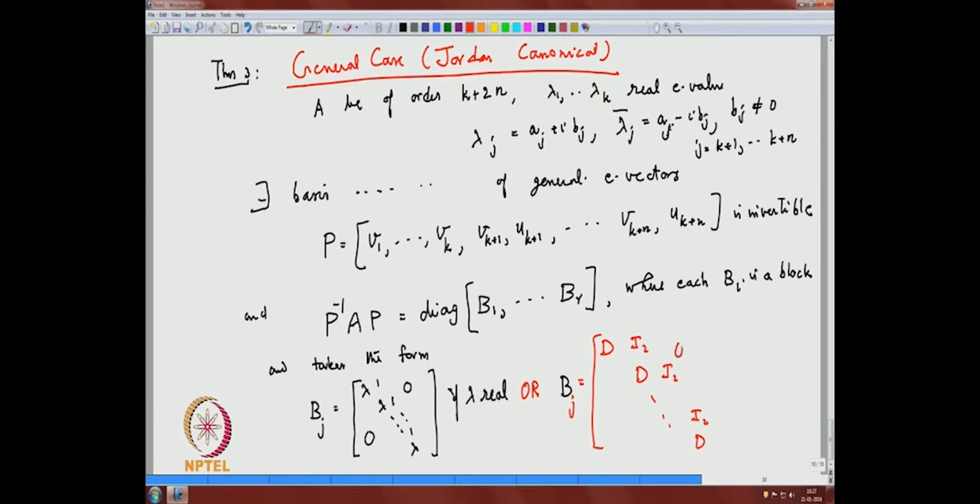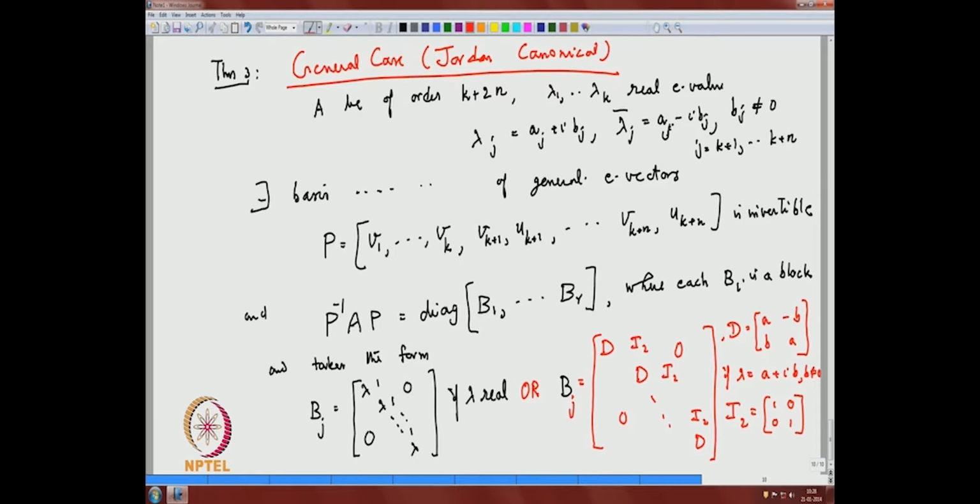These are all 2 by 2 matrices inside, where D is of the form A, minus B, B, A, if lambda is equal to A plus iB, B not equal to 0, and I2 is the 2 by 2 identity matrix. So, this is the typical eigenvalue block.